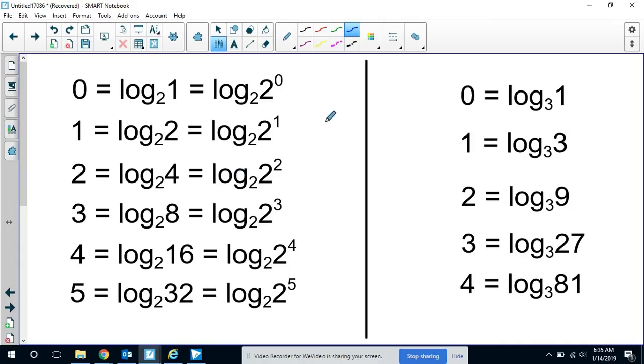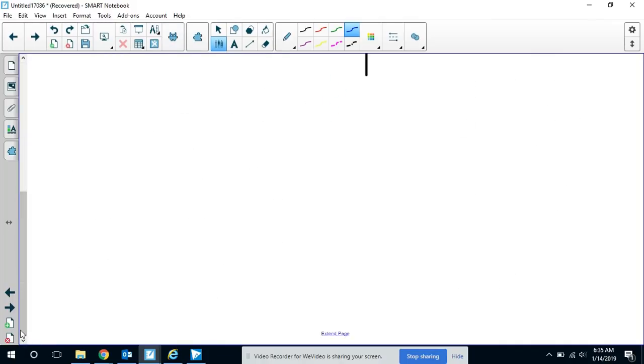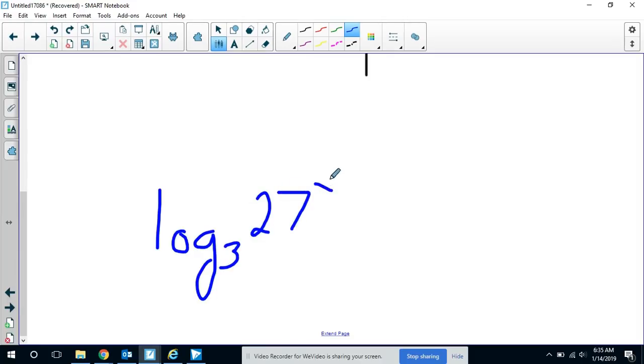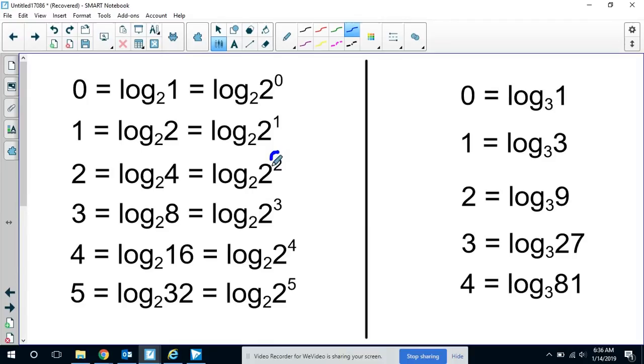So if I have a log function, like for example, log base 3 of 27 to the x power, because this exponent always ended up being the answer, and then this was 1, that works in other ways too.